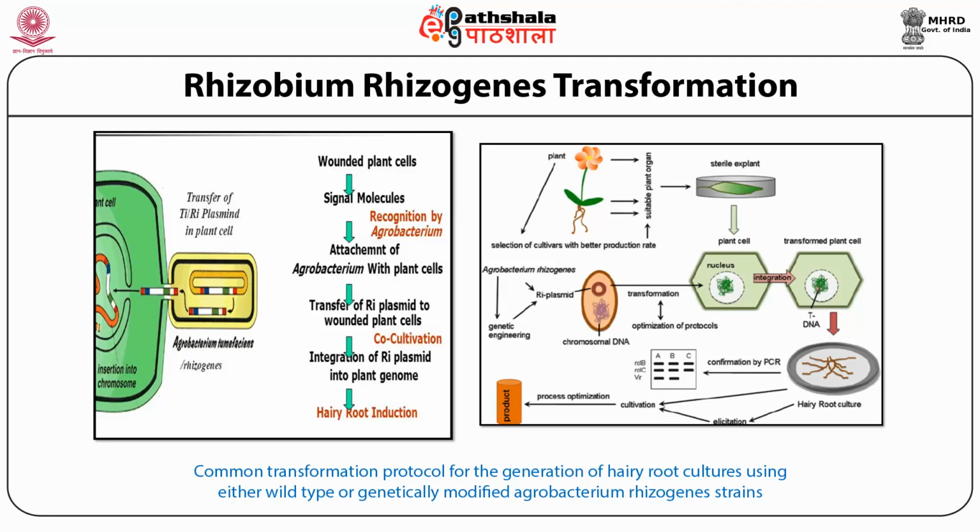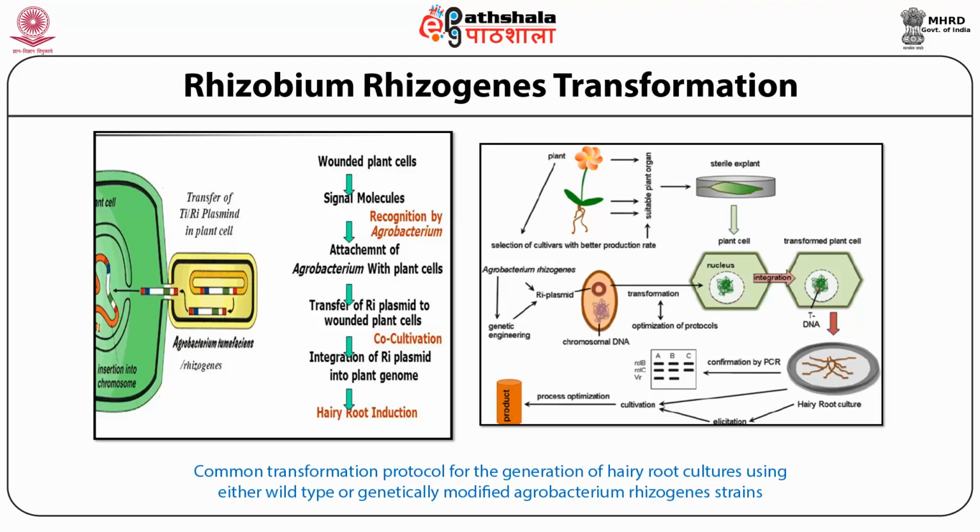In figure A, we will find out how the Ri plasmid of the bacteria transfers into the plant cell. First of all, the plant is infected by the bacterium at the infected part. As a result, some signal molecules are released which should be recognized by the bacterium.